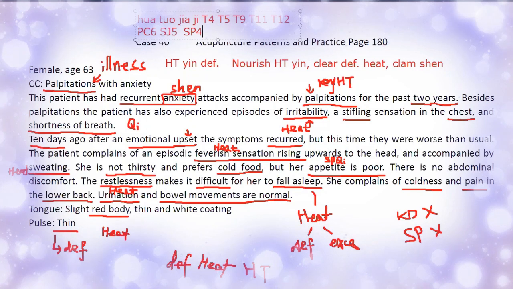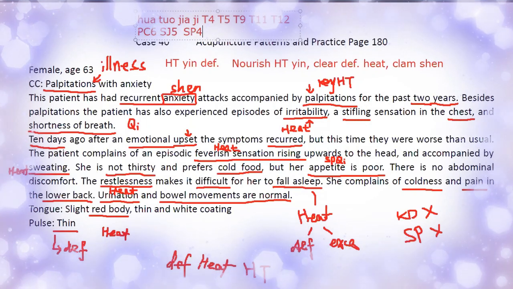Luo-connecting points usually work stronger, and they communicate between the zang-fu internally and externally, so they work even better than other points. We have 360-some points, but in each treatment we basically use around 10 points, even fewer, so we try to pick more strong, effective points.